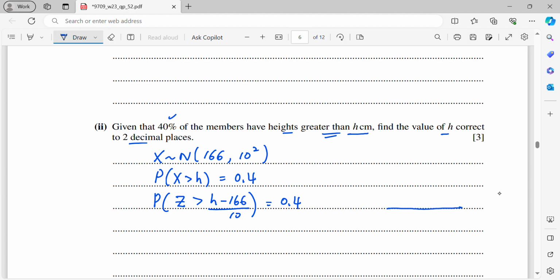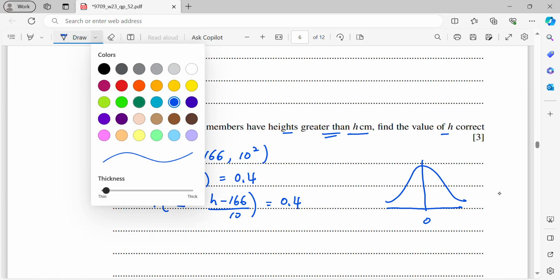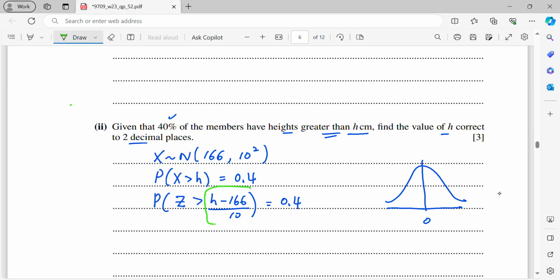Now, once you have standardized, sketch a graph. Middle value is 0. So for your information, the graph is symmetrical at origin. Therefore, P(Z more than 0) is 0.5, because the total area of the region under the curve is 1. But when you compare these two expressions, both also Z more than, right?